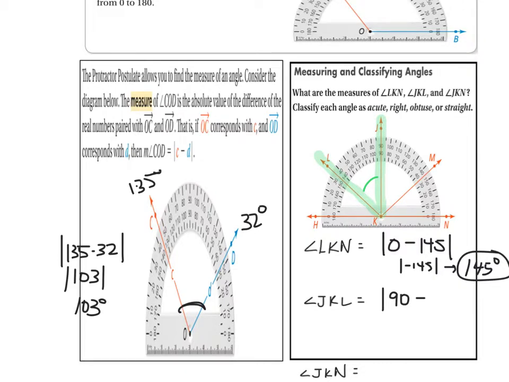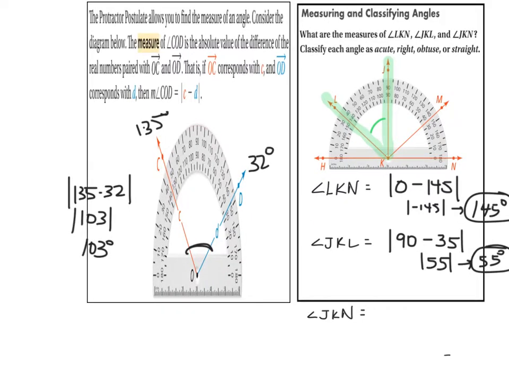And it doesn't matter which one you use here. Let's go with 35, the smaller one. So 90 minus 35, if I take 90 and I subtract 35, that's going to give me the absolute value of 55. Well, the absolute value of 55 is just 55. So angle JKL is 55 degrees.